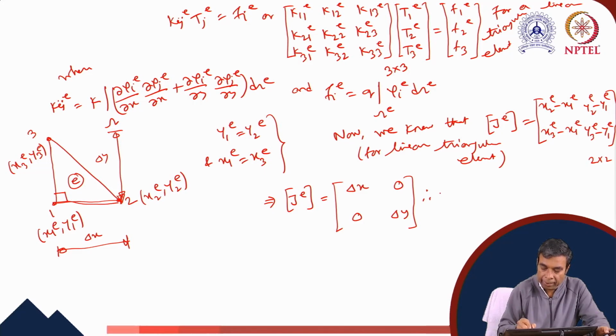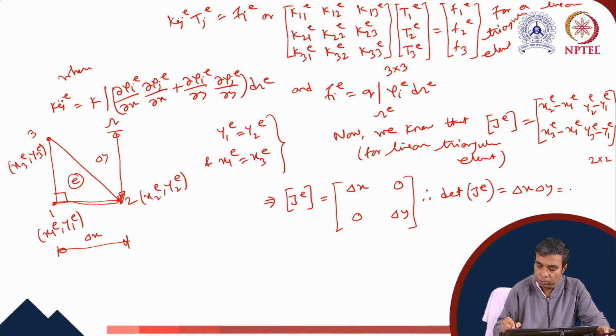So from here we can easily see that the determinant of the Jacobian matrix equals delta x into delta y, which equals twice the area of the element.